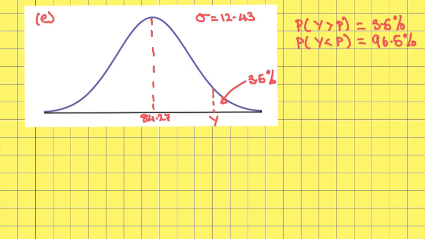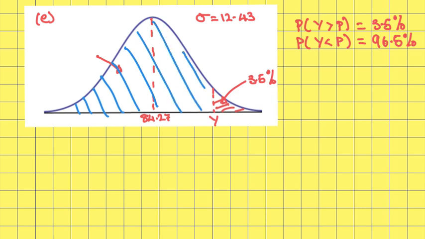That means that the probability that Y is less than P is equal to 96.5%. My calculator cannot calculate this area here. It has to calculate this area here. So when I'm using my calculator and using the inverse normal, my area is 96.5%, which is equal to 0.965.